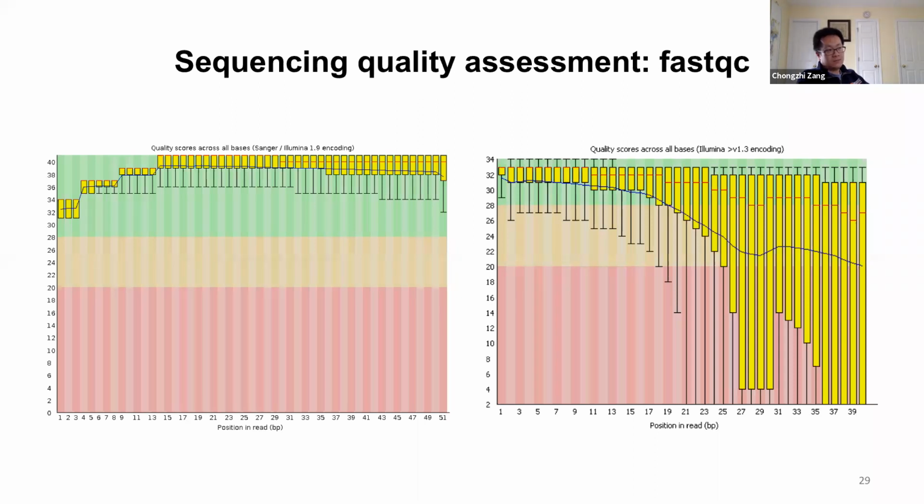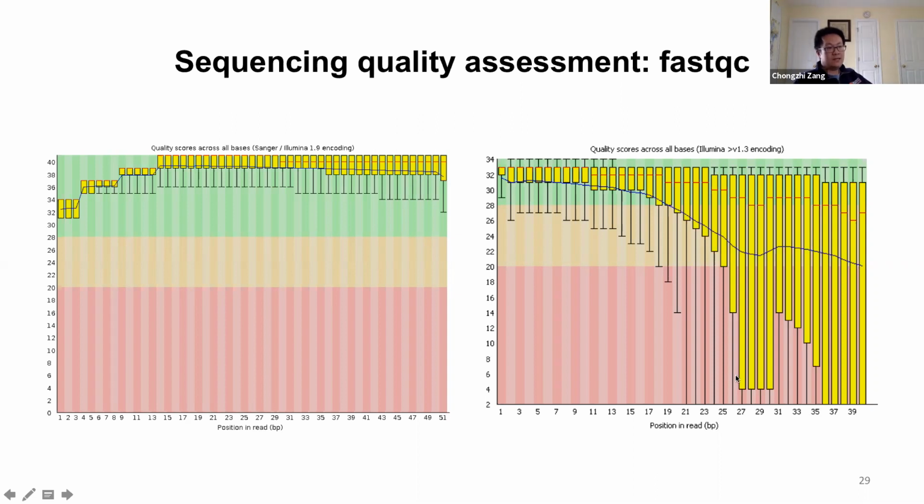By very few, I mean, say, less than 10%. So if you sequence 100 million reads and only get less than 10 million that map to the genome, that usually tells you something went wrong in the sequencing step, and we want to consider trimming certain reads and trying again.